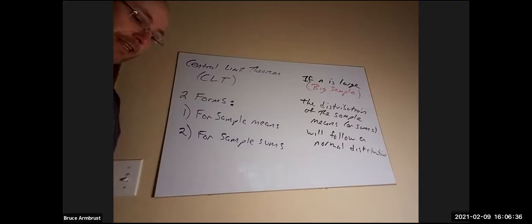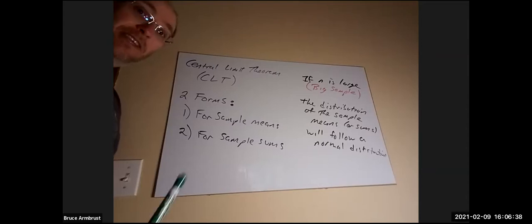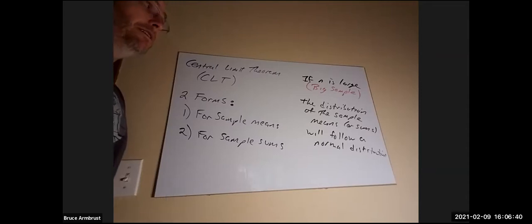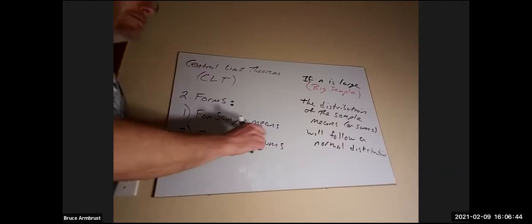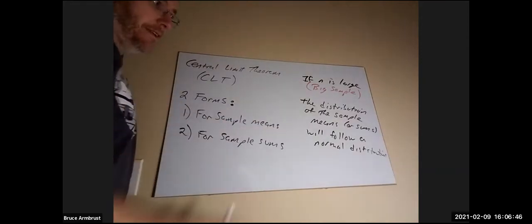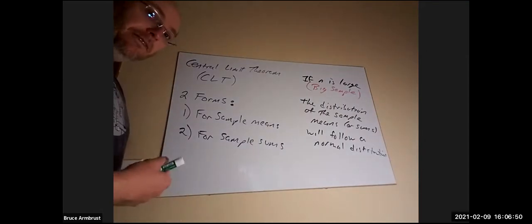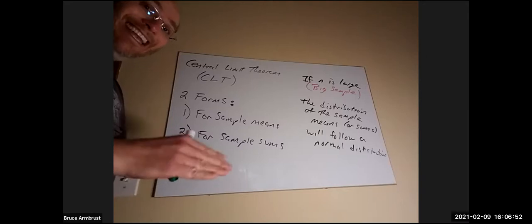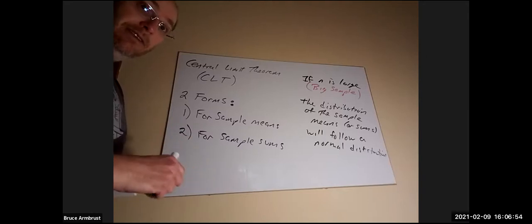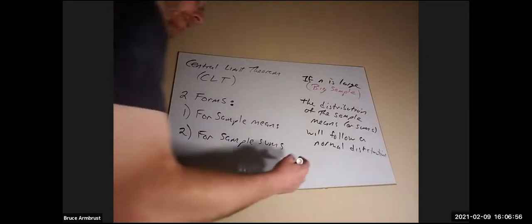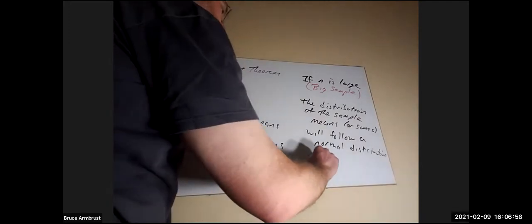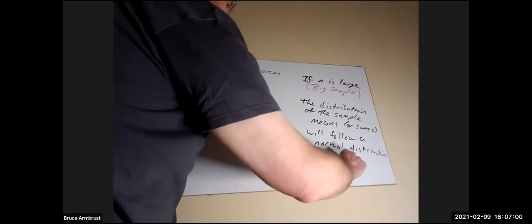Now, here's what's kind of interesting. I think this is actually the power of the central limit theorem: the sample means, while they follow the normal distribution, the population itself can follow any distribution. I'm going to write that down here because this is kind of big.